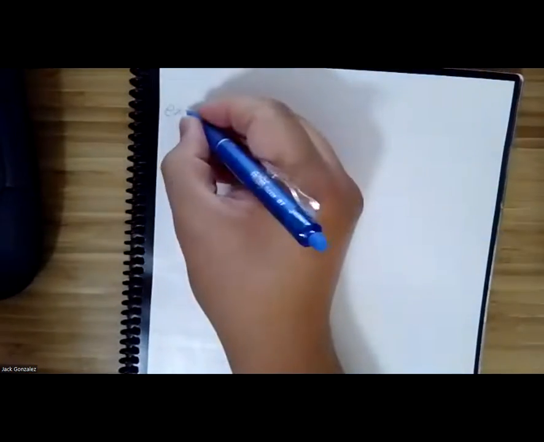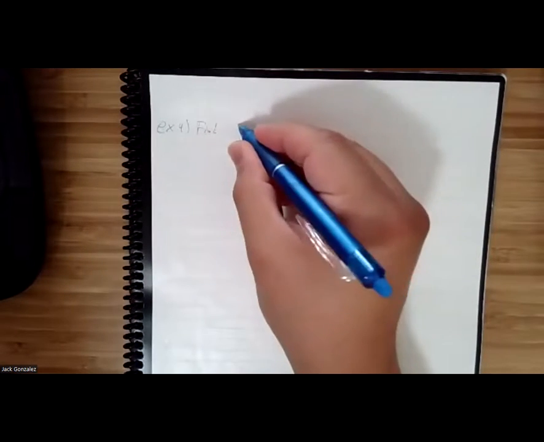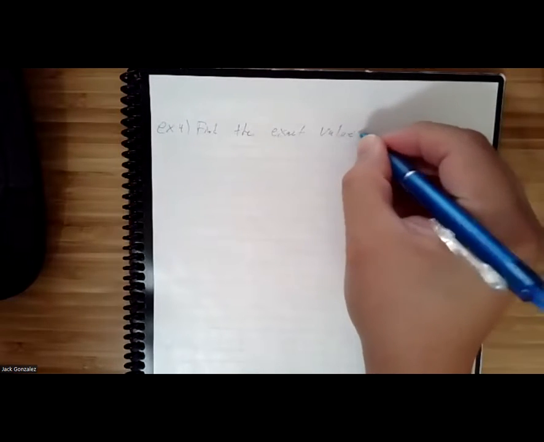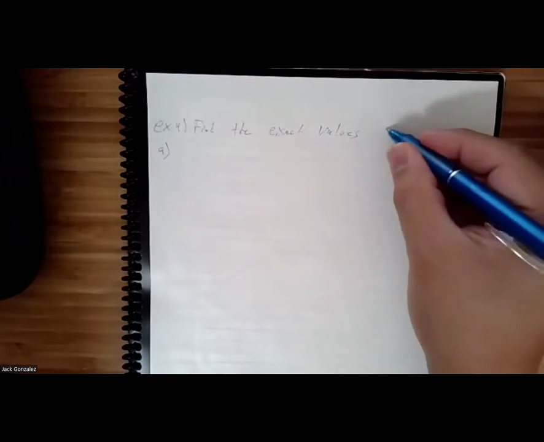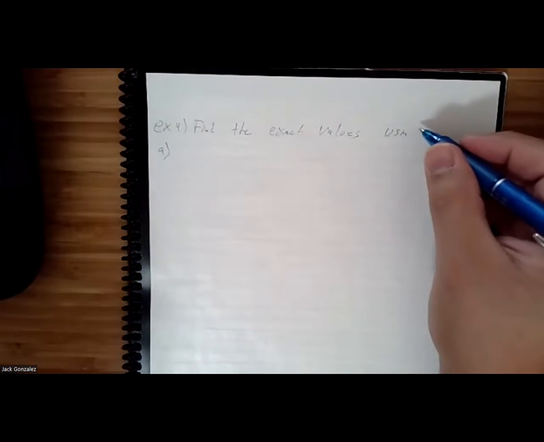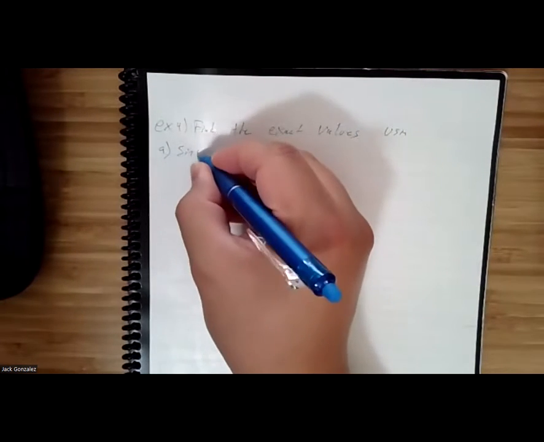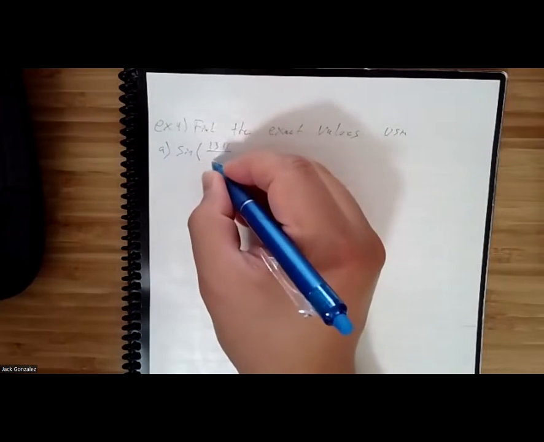Example number 4. Find the exact values. Part A. I'm going to rewrite the question just so it's a little easier. 13 pi over 12.